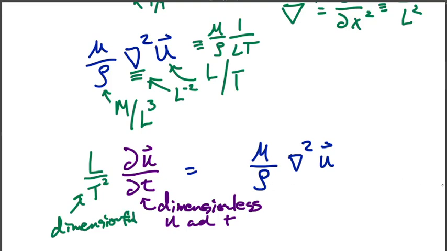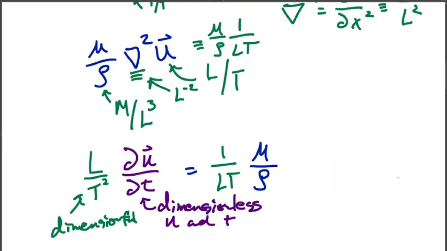Okay, let's do the same over on the left-hand side. I'm going to leave the mu and the rho alone. I'm just going to pull out the 1 over length and time that comes from our Laplacian operating on the velocity. So once again, I've pulled out all the dimensionalness of those.